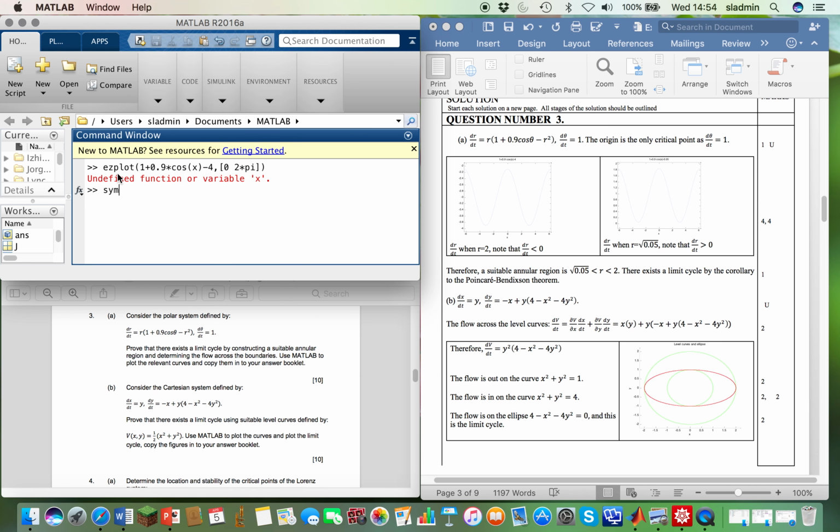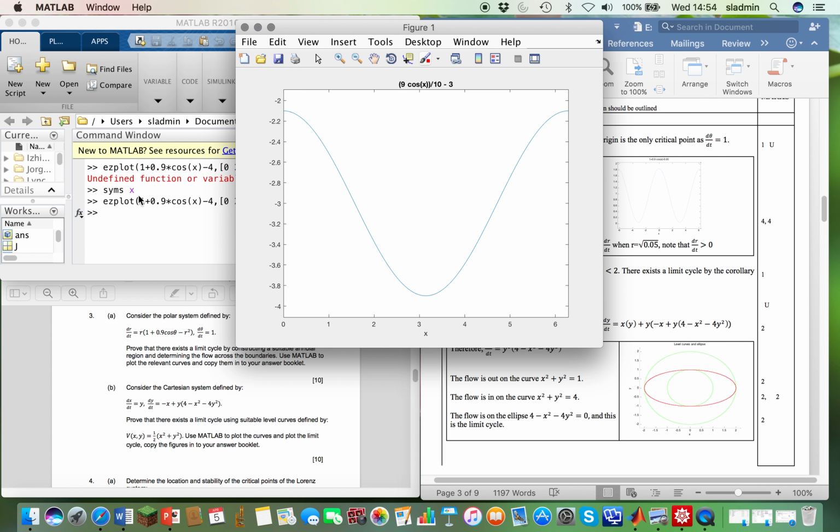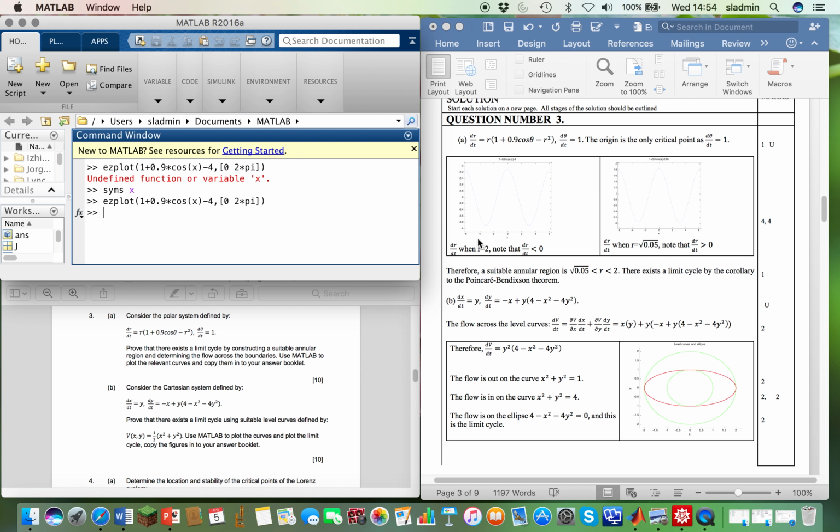Oh, we have to declare x to be symbolic. So here is the plot, and again you can see that this is strictly negative, which is shown here. So dr by dt is negative when r is 2.